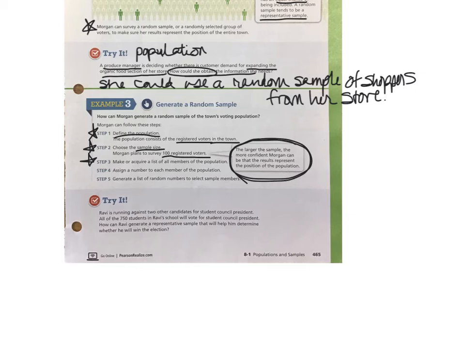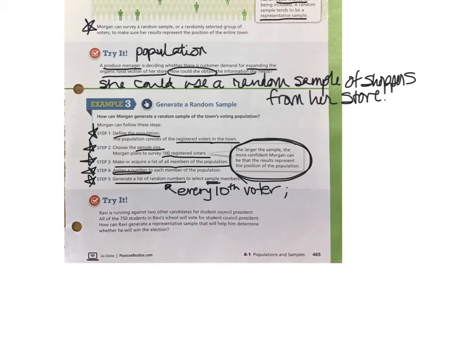In step 3, you make or acquire a list of all the members of that population. Step 4, assign a number to each member of the population. And finally, step 5, generate a list of random numbers to select the people that are included in the sample. In other words, this random sample could be, let's say, every 10th voter.